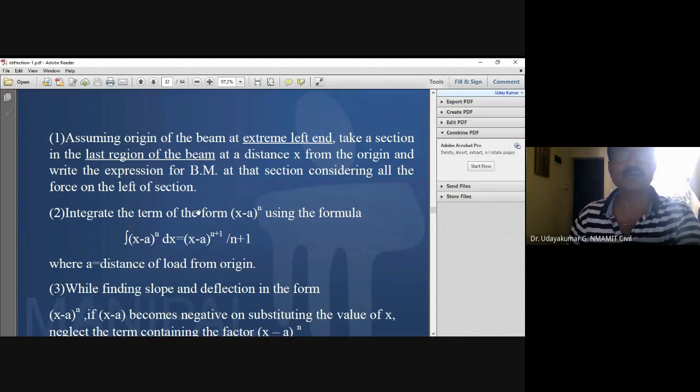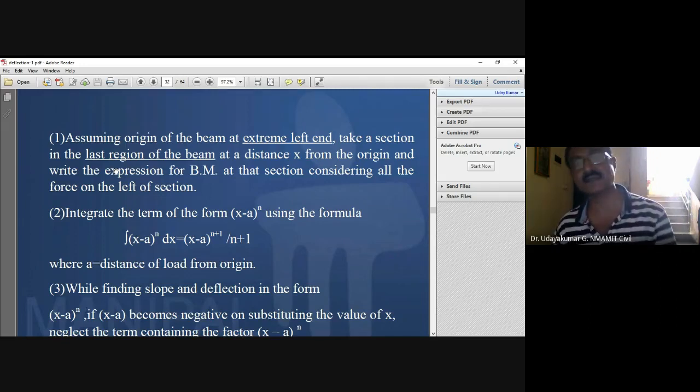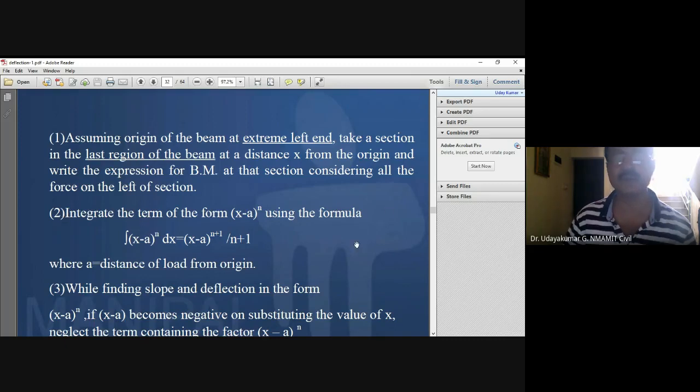Suppose you are starting from the left extreme point; you take a section in the last region of the beam at a distance x farthest from the origin, and write down the bending moment equation considering all the forces to the left of the section. So this is the left end and this is the right end here. You take the farthest section here, at a distance x from the left end, and consider all the forces acting on the left-hand side of the section.